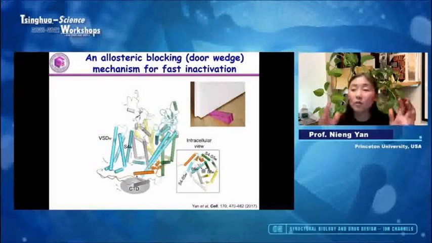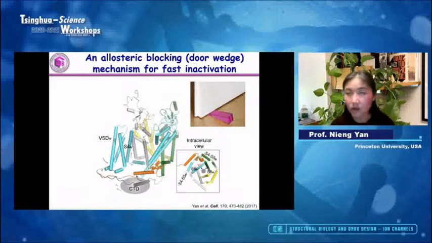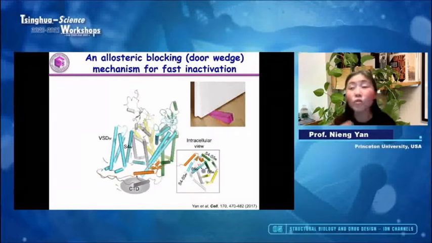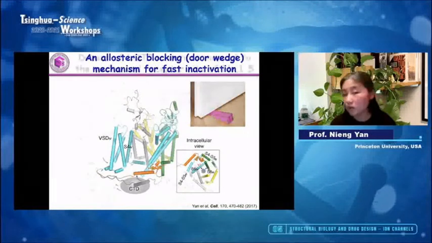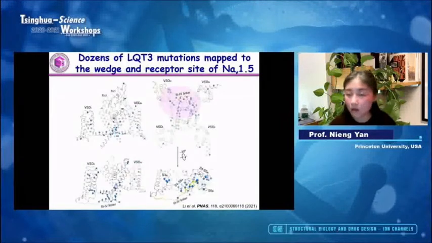This model was first observed in the structure of the electric eel sodium channel, which we proposed in 2017, and was recapitulated in human channels last year by Bill Catterall's group. It is also consistent with a tremendous amount of mutagenic study.